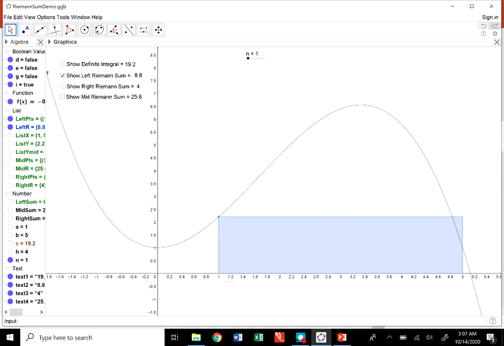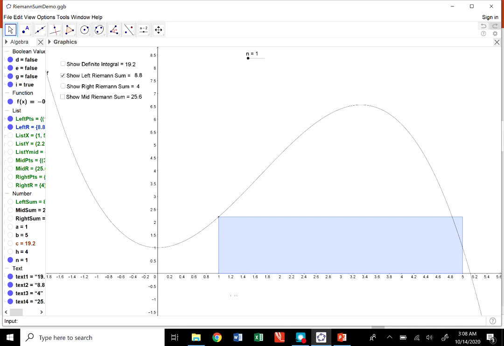What kind of a rectangle? Well, the width of the rectangle is clear, 1 to 5, so 4 units. But the height of this rectangle, pay attention to this please, is going to be whatever the function's value is at the left endpoint. This interval 1 to 5 has a left endpoint of 1 and a right endpoint of 5. So whatever f of 1 is, that's going to be the height of this.